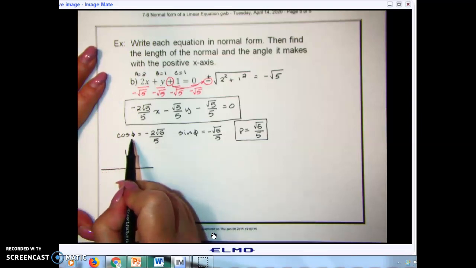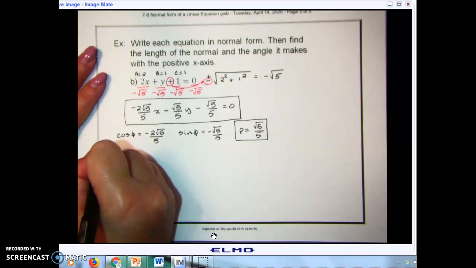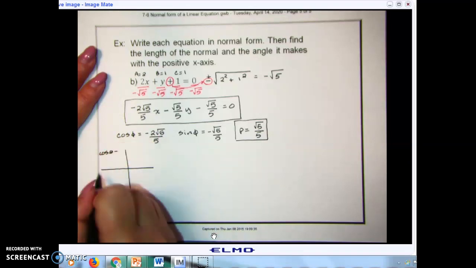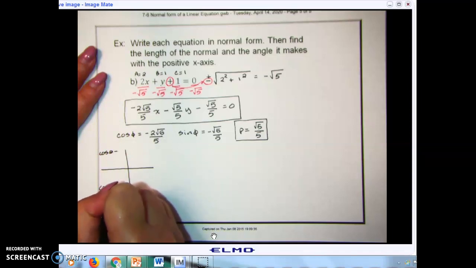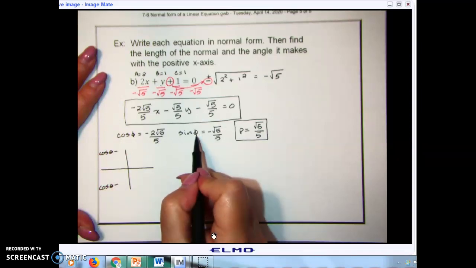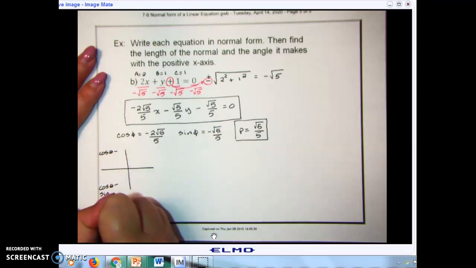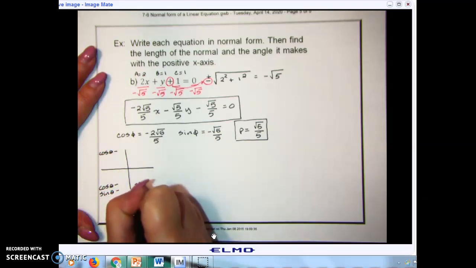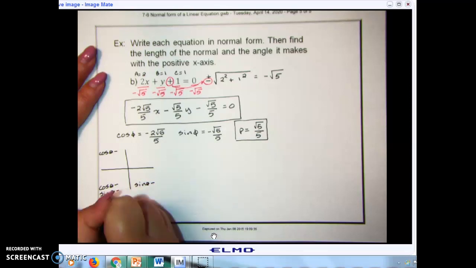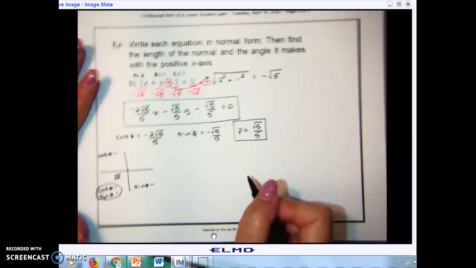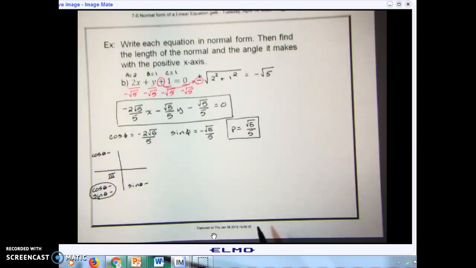So here this says cosine of phi is negative. So cosine is negative in quadrants 2 and 3. And here sine of phi is also negative, and sine is negative in quadrant 3 and quadrant 4. So it's quadrant 3 that has both of them negative.